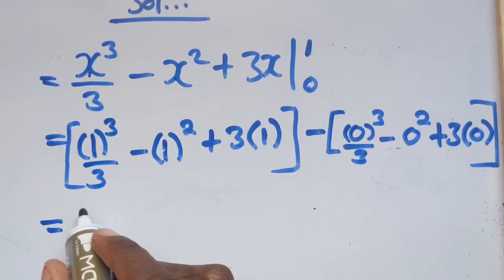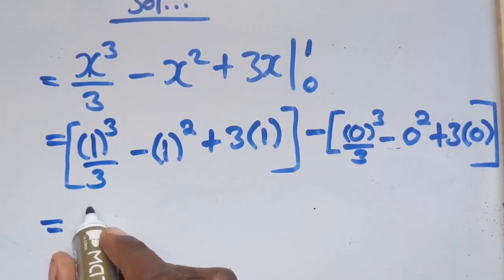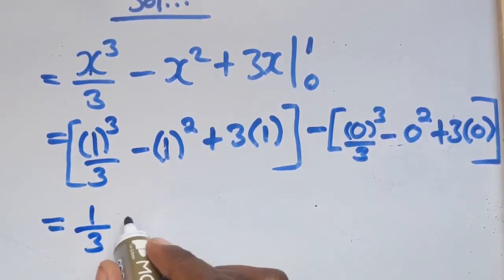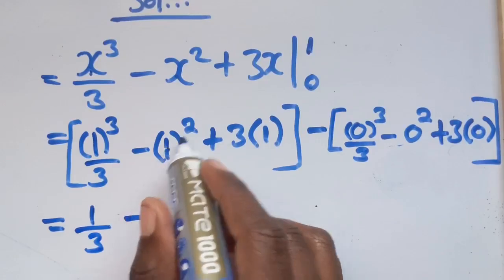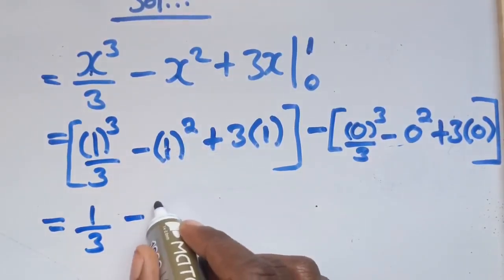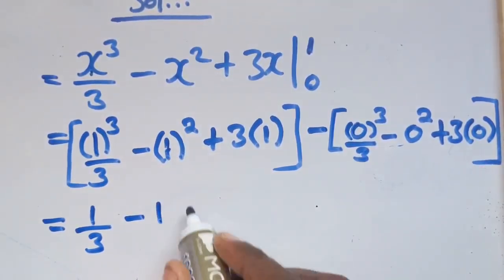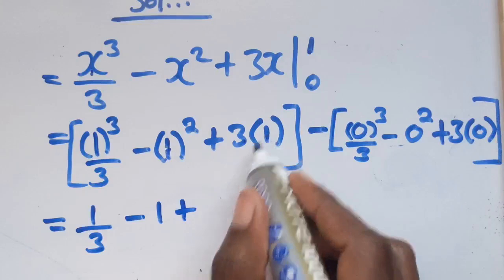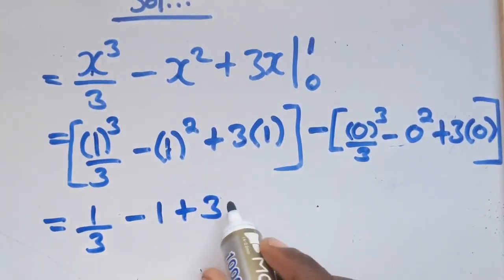So you are going to say that it is 1 over 3. Then it's going to be minus 1 to the power 2, you are going to have 1. Then plus 3 times 1, you are going to have 3 there.